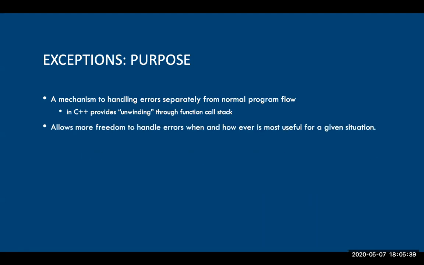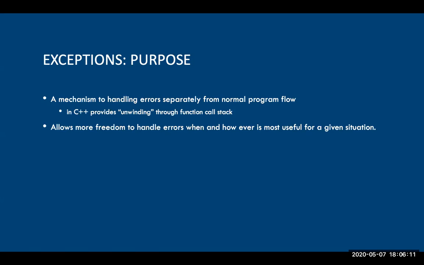We could all write if then else code, but it's really tricky to do that in a situation where you're 8 levels deep in a function call, right? It also allows us to move our error handling code out of the middle of our regular execution code. You can imagine if we tested for every possible error condition and had all the if then else stuff all the time, we start bulking up the code that maybe is just doing the algorithm that we're trying to represent in a really clean way.